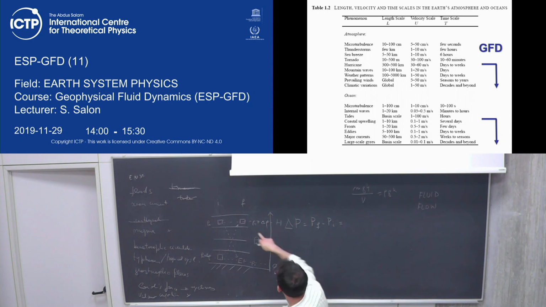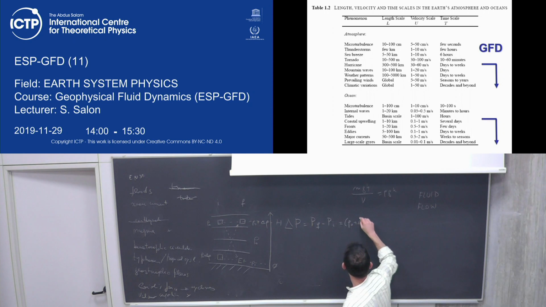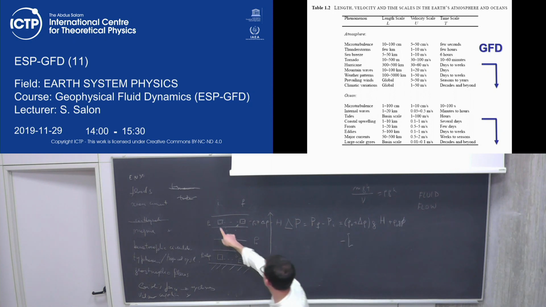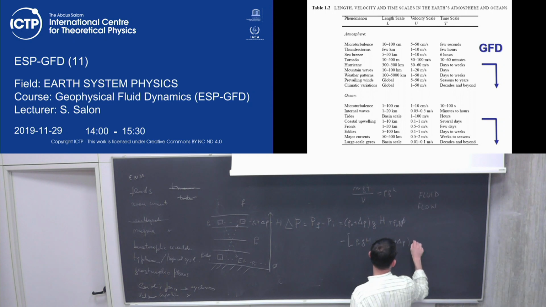So for the final state, we will have (ρ0 plus delta ρ) as density, g, h, plus ρ0 g times 0, because here h is 0. Minus the initial situation: ρ0 g h plus (ρ0 plus delta ρ) g multiplied by 0.